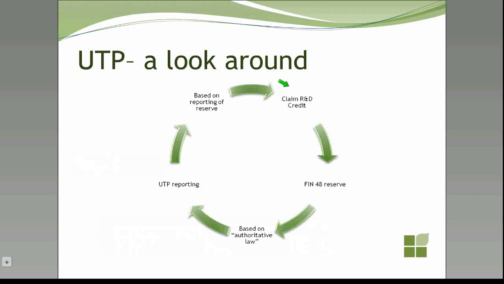Correct me if I'm wrong, but authoritative law also includes cases, code, regulations, and IRS material as well. So the fact that it's uncertain is because of things the IRS has done, either through their audit guides or previous exam history. And now we have to report that back, so it goes back into a circle sooner or later.